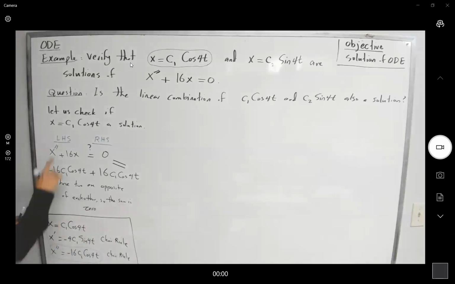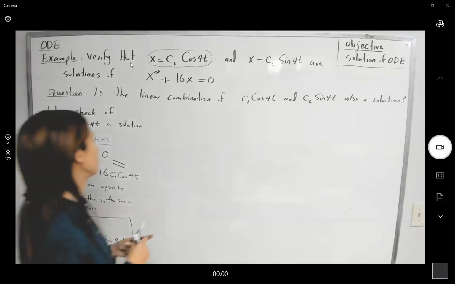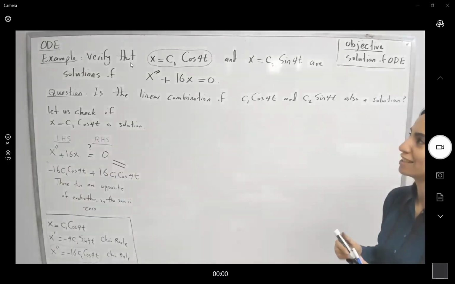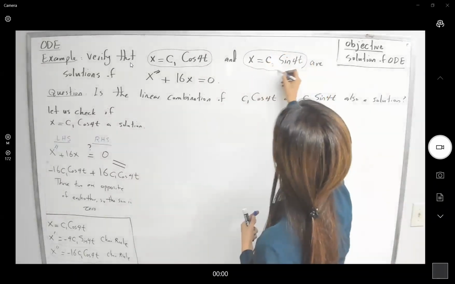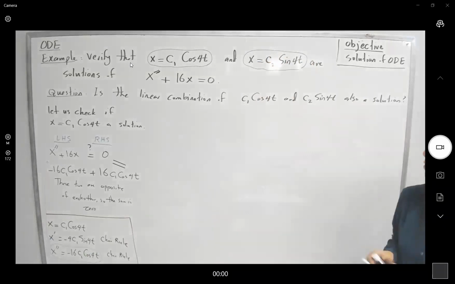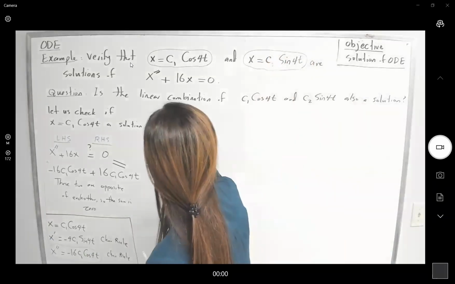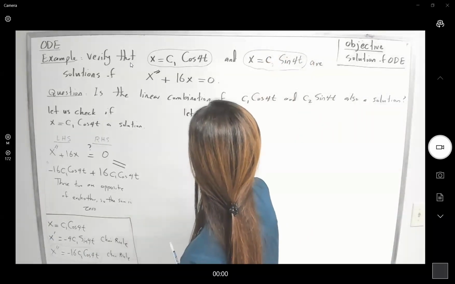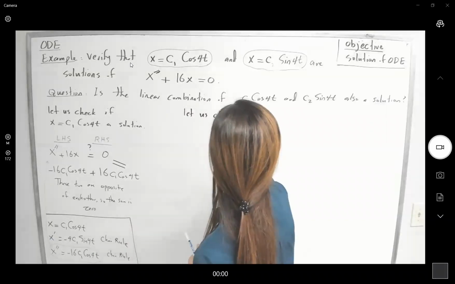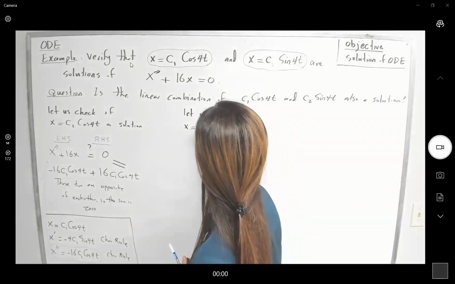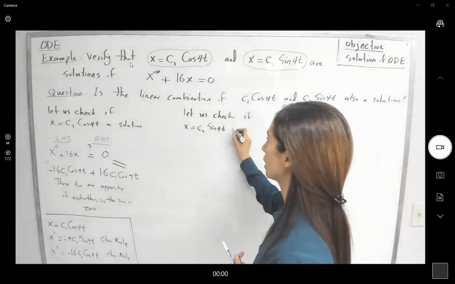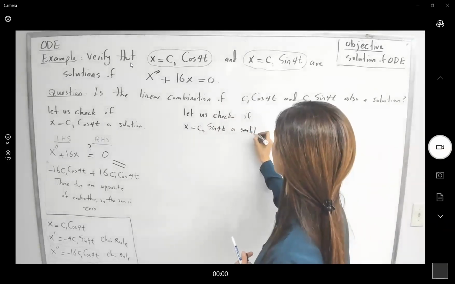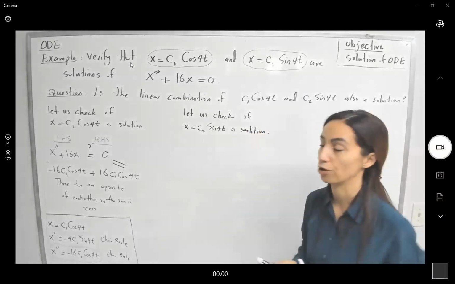We're good. We're happy about x equals c sub 1 cosine 4t. Now let us check the second solution, x equals c sub 2 sine of 4t. Let us check if x equals c sub 2 sine of 4t is a solution of the differential equation or not.